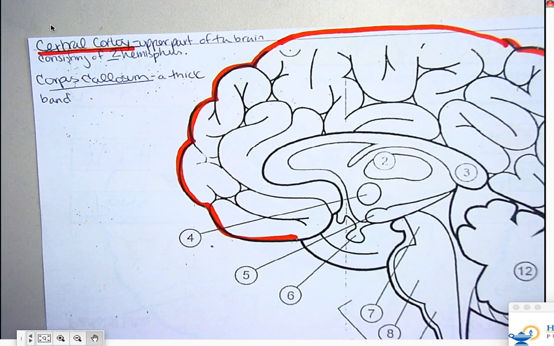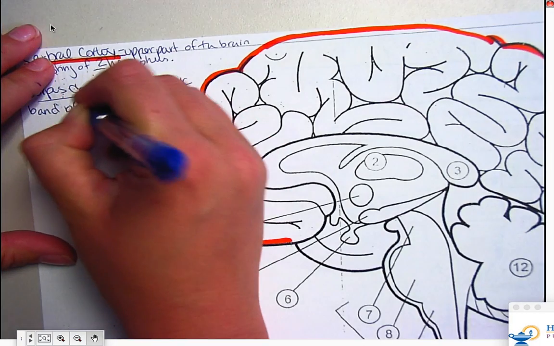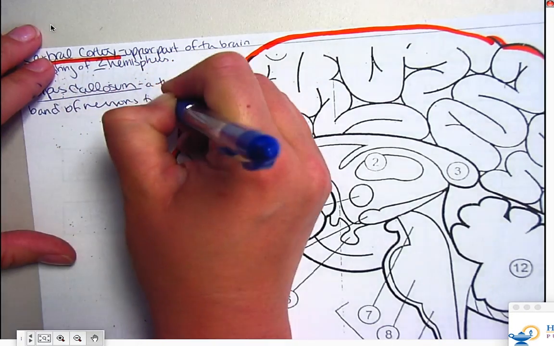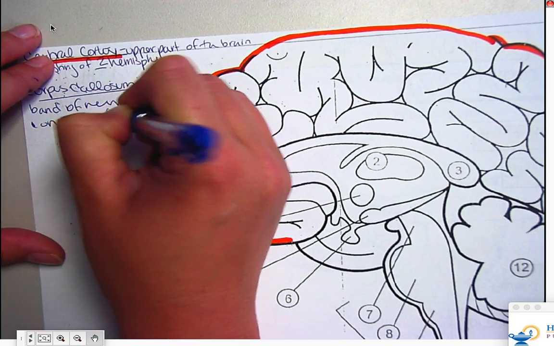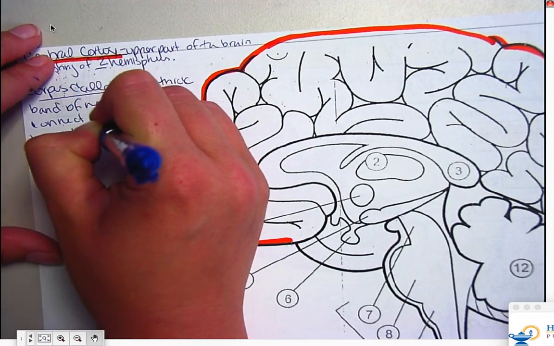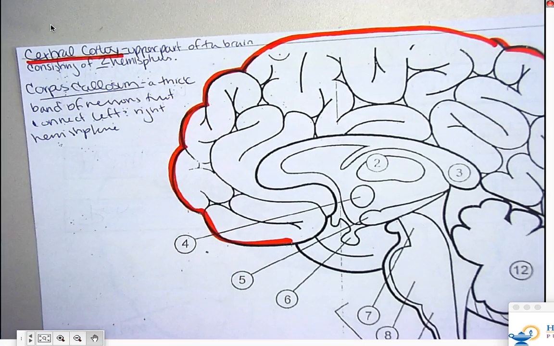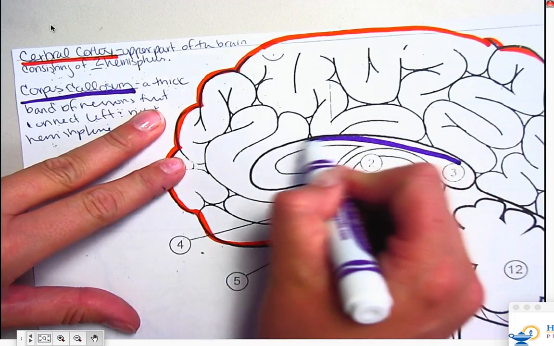A thick band of neurons that connect left and right hemisphere. Okay, and for me, it's going to be purple. And it's this band right here.